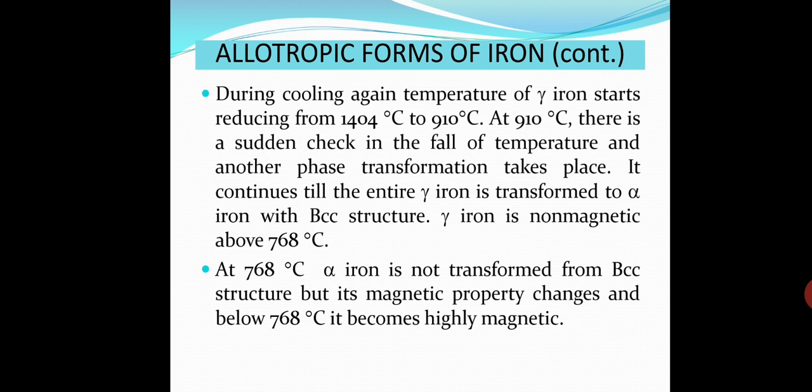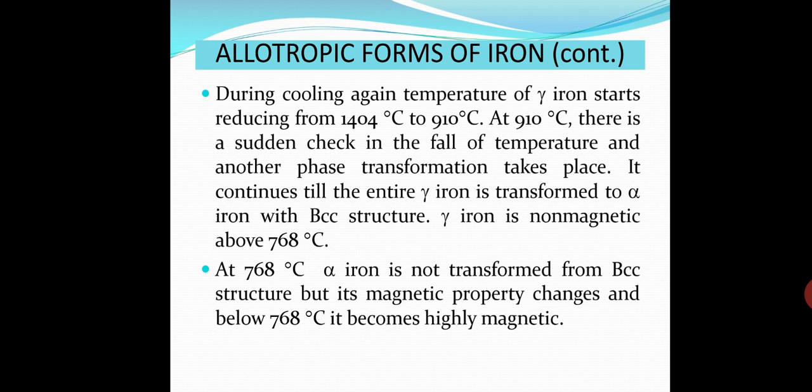Alpha iron is non-magnetic up to 768 degrees centigrade. This is wrongly written as gamma iron; it is BCC structure.